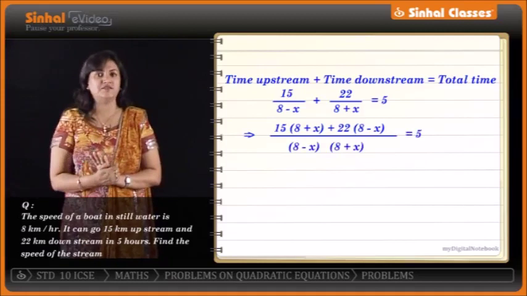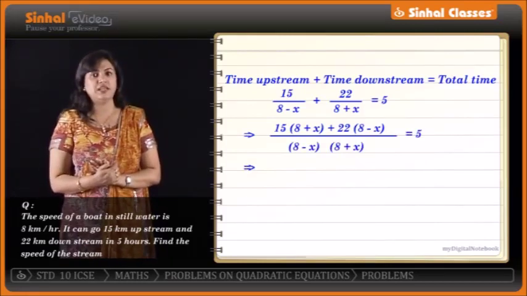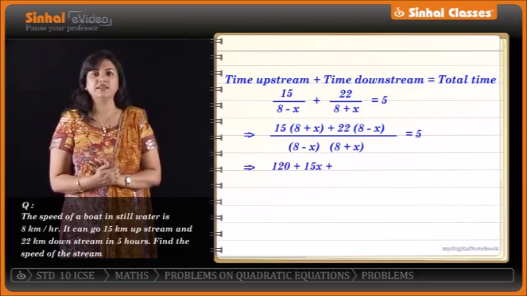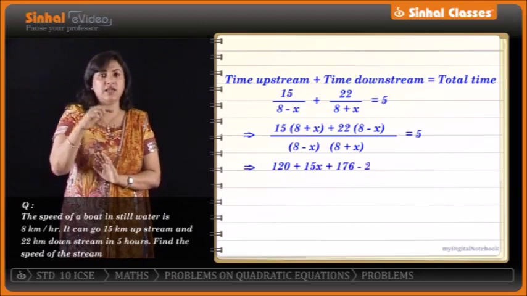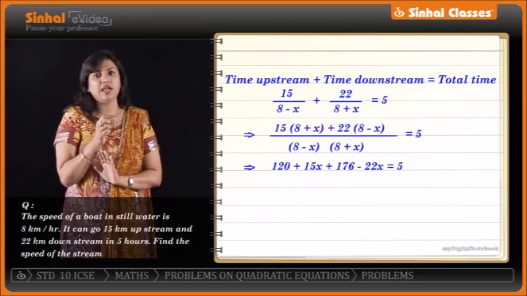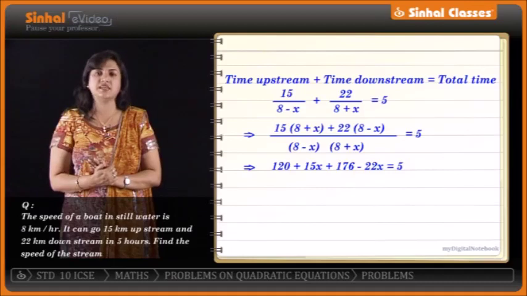Now expand the left side to get 120 plus 15x plus 176 minus 22x. Now take the denominator to the right side. We get 5 into 8 minus x into 8 plus x, which gives us 64 minus x square.